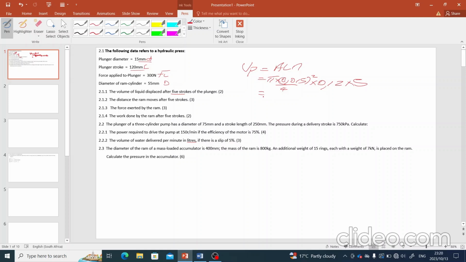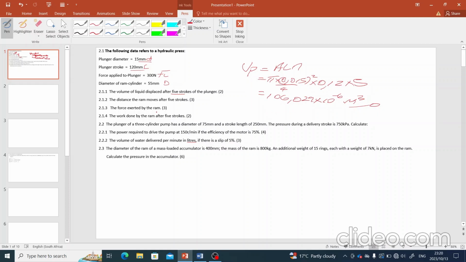Let's do it: pi times 0.015 squared divided by 4 multiplied by 0.12 multiplied by 5. We get our answer as 106,029 times 10 to the power negative 6 m cube. It's a volume, so that would be m cube.